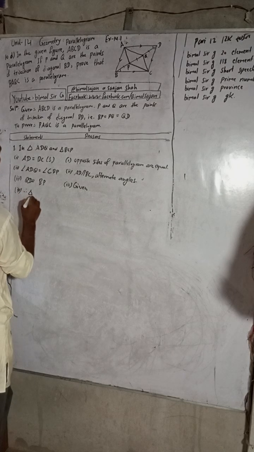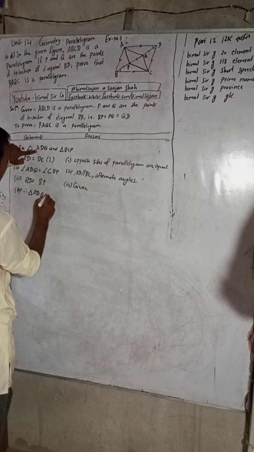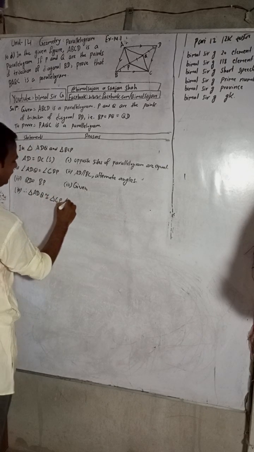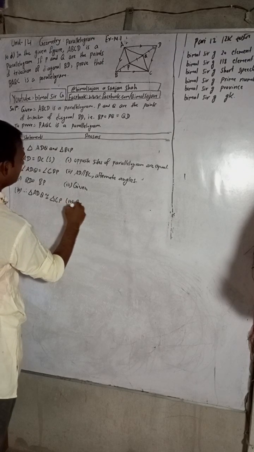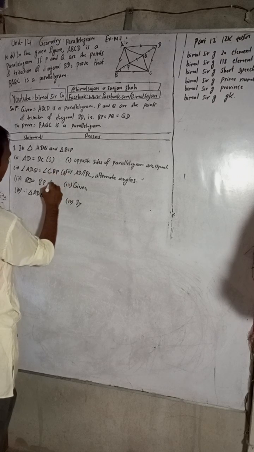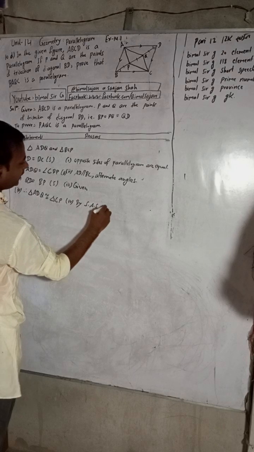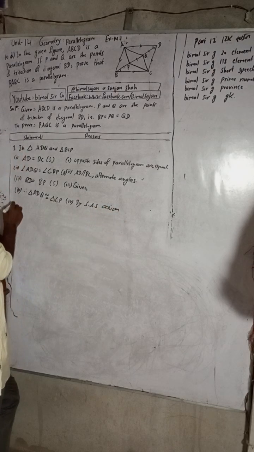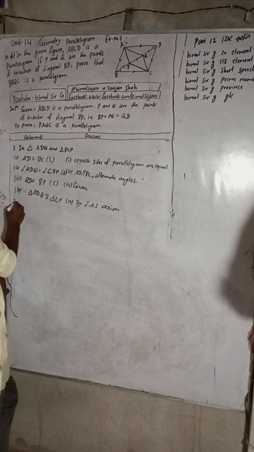Therefore, triangle ADQ is congruent to triangle BCP. The reason for this is: by side, angle, side axiom, or criteria. We got this.